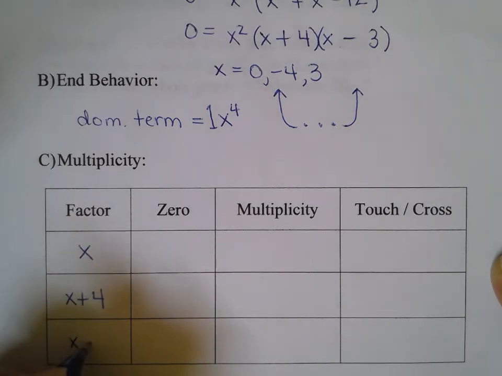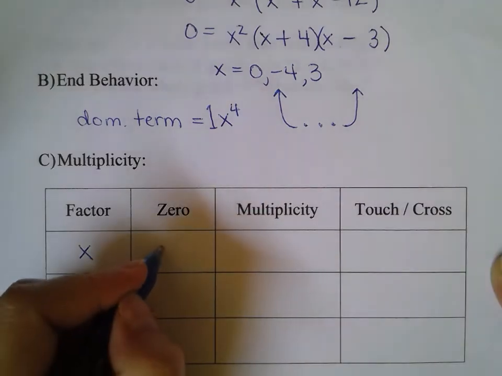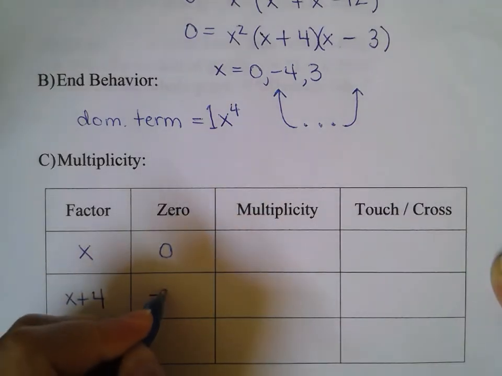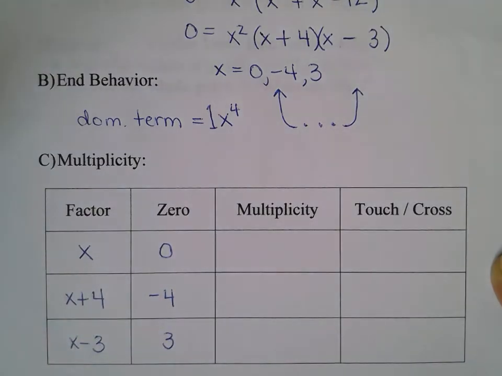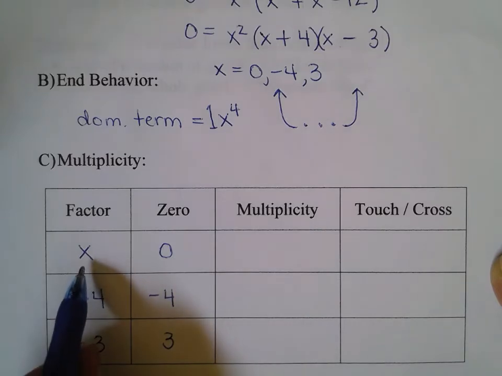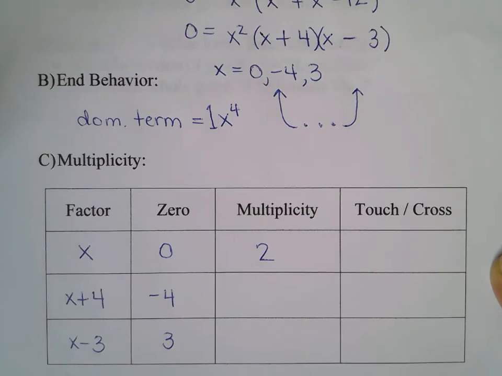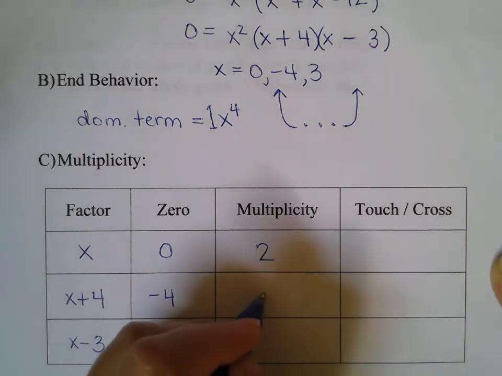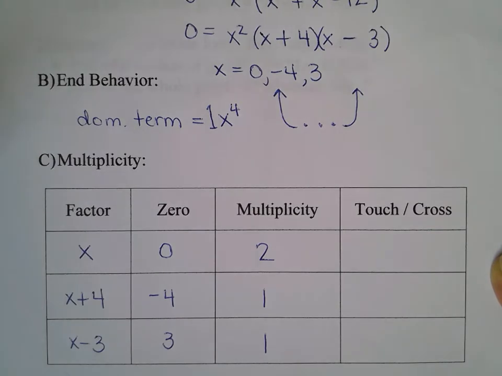And I have x minus 3. We just talked about the zeros, so we can fill those in if I set each factor equal to 0. Okay, and then my multiplicity numbers, because we have x squared, we're going to say that the x happens 2 times. X plus 4 just happens 1 time, and x minus 3 happens 1 time.